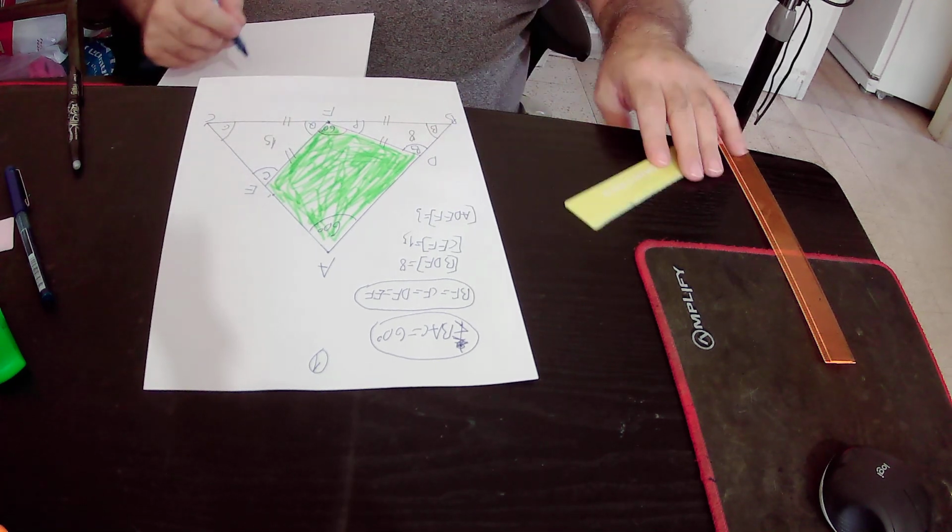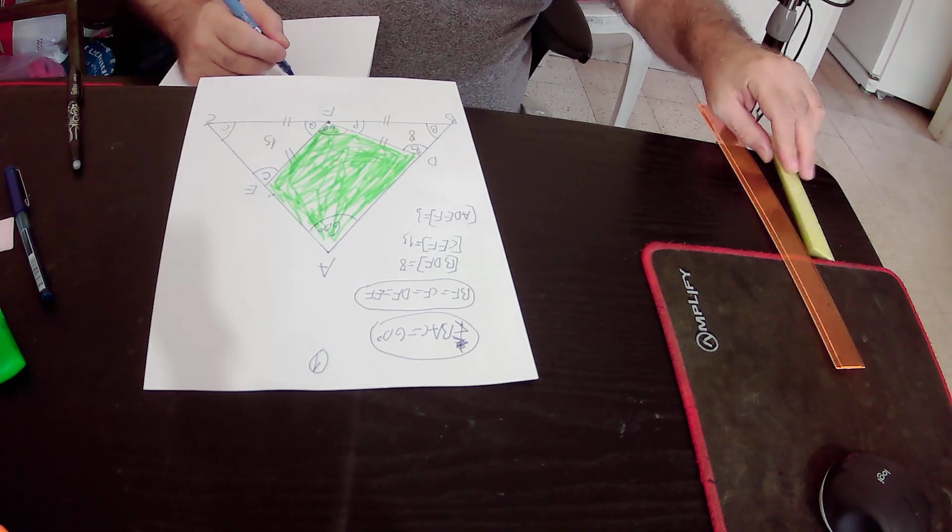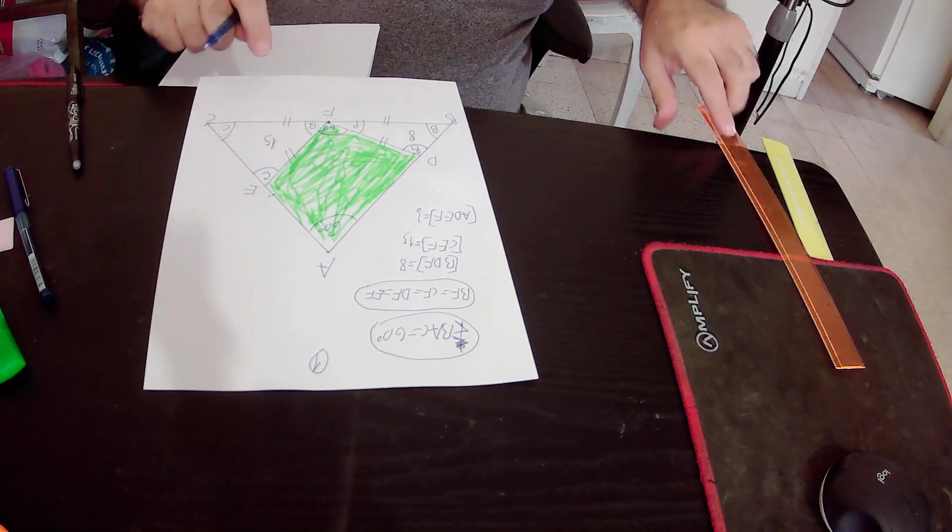In the next step, we will connect together points D and E by a straight line.